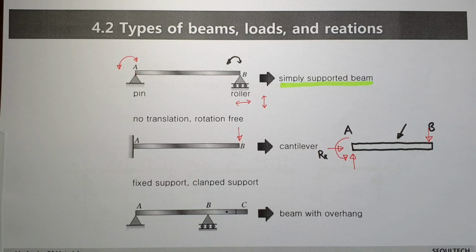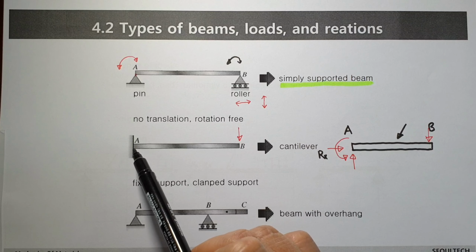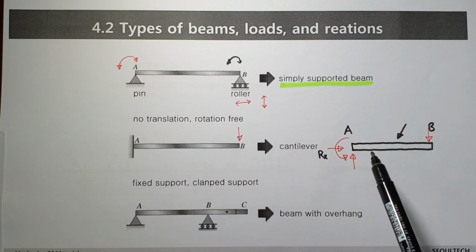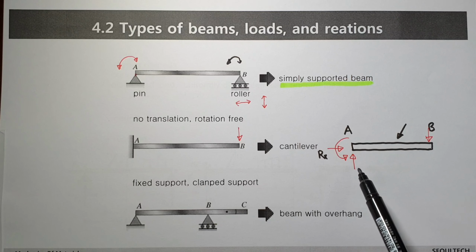Anyway, in the cantilever case, point B is free and this point is fixed. When you isolate it and draw the free body diagram, the forces and rotation are restricted. That's why you can draw the moment in the free body diagram.